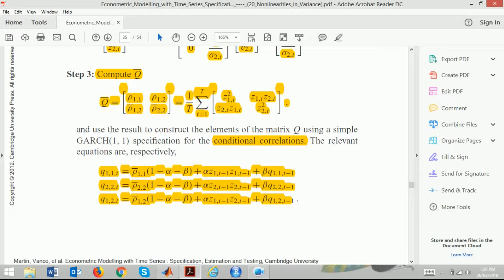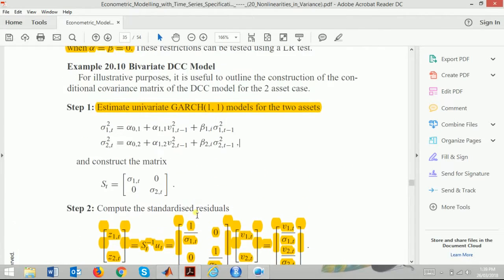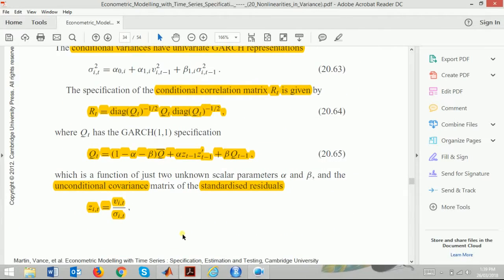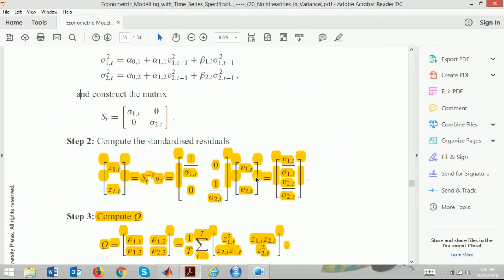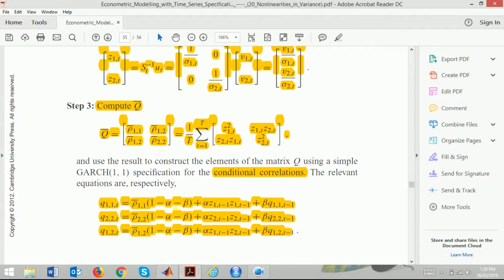The relevant equations are 1 minus alpha minus beta, times Q bar. Now let's see how this equation is represented.